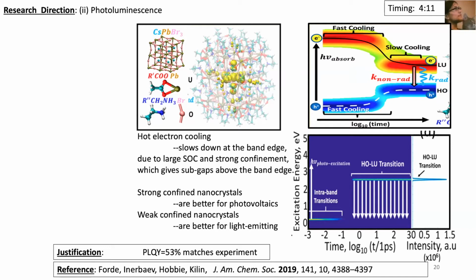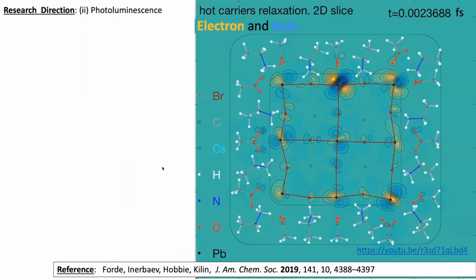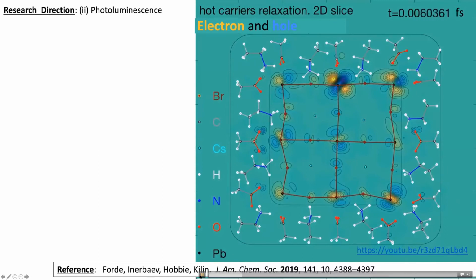And all this machinery was just applied to explore emission and comparison of radiative and non-radiative lifetimes, which was in the reasonable agreement with experiment, about 50%. Maybe it's just a lucky coincidence, but it was interesting. And behind this observation, we just looked for time propagation of the photoexcited states.